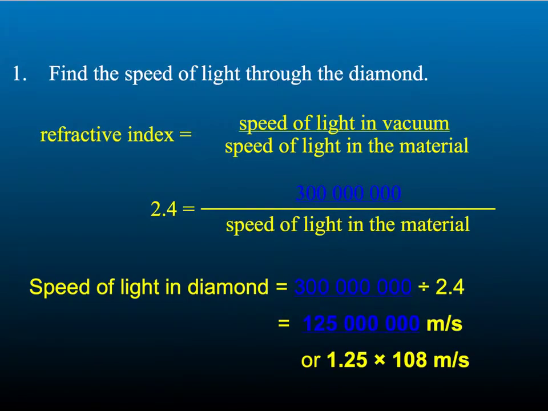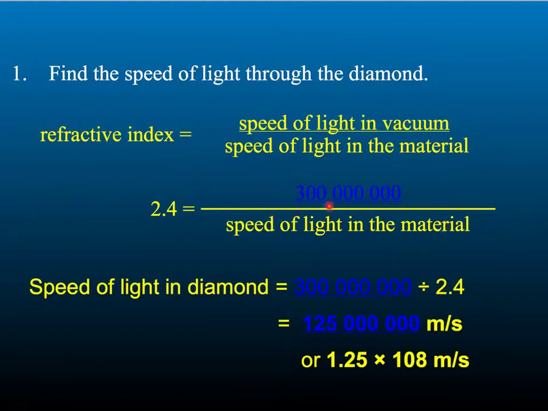On doing this question, you should have first written down the equation you need to use. Then you should start putting your quantities into that equation. You were told that the refractive index of the diamond is 2.4, and because the speed of light in a vacuum is a constant, it never changes, so you should have put 300 million for that value.